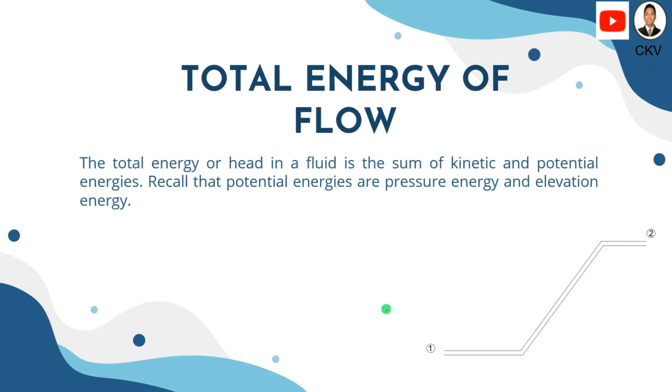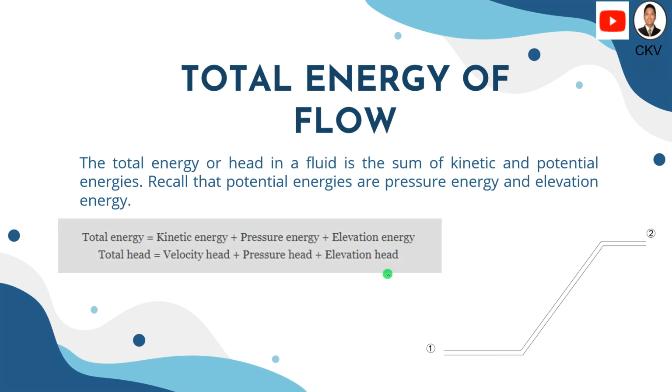Combining all the energies present on a section of a pipe, the total energy or head in a fluid is just the sum of the kinetic and potential energy. Again, potential energies are pressure energy and elevation energy. So combining the kinetic and potential energy, we have the sum of kinetic energy plus pressure energy and elevation energy.